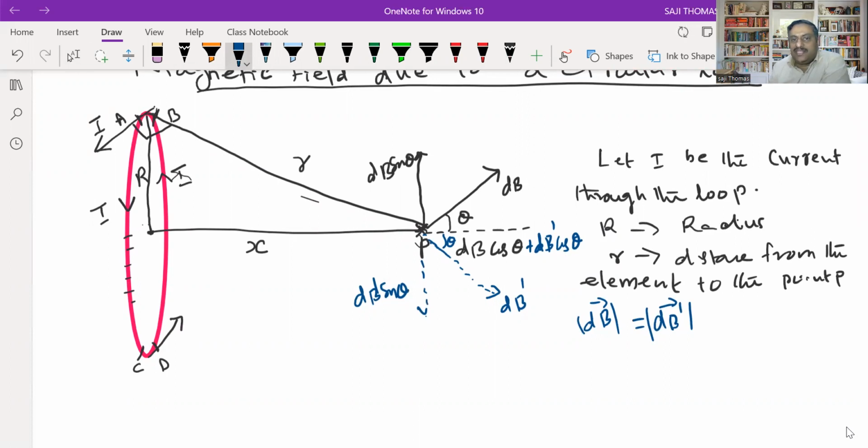At the point P, there will be a large number of dB sine thetas due to all the elements. I told you the circular loop is divided into a large number of small elements. The vertical components of magnetic field due to all these elements will cancel out. So vertical components of magnetic field cancel out.